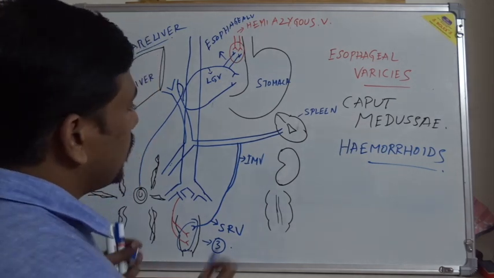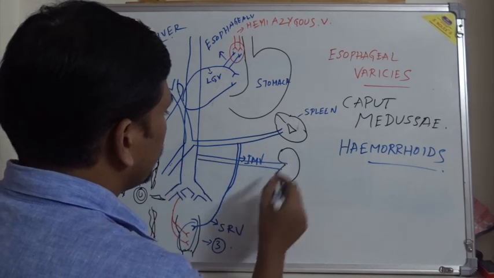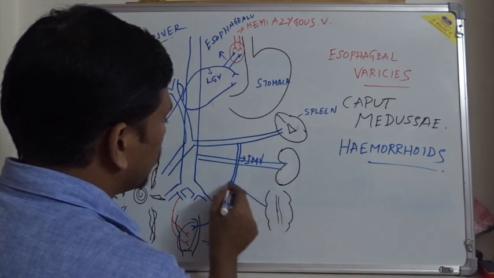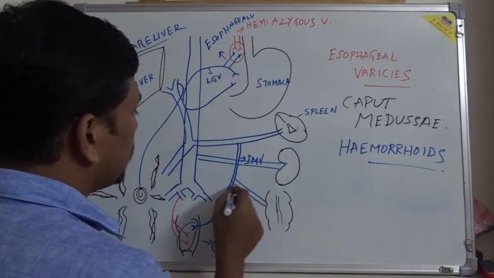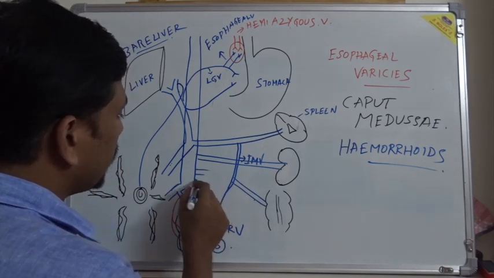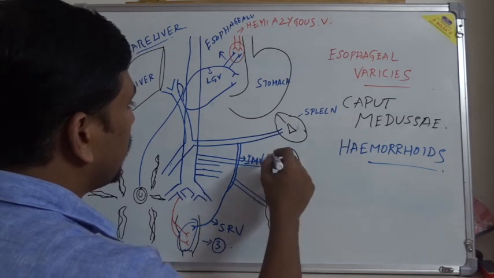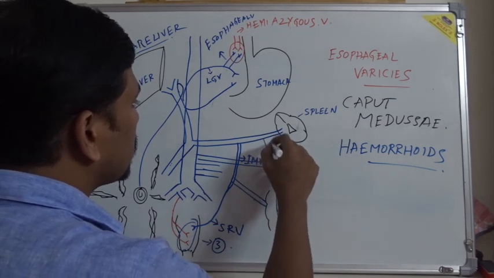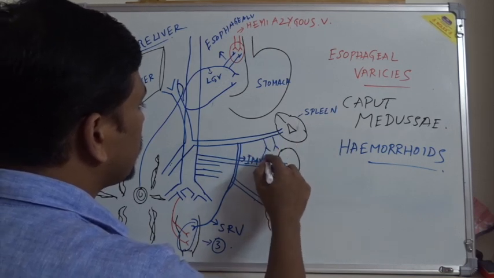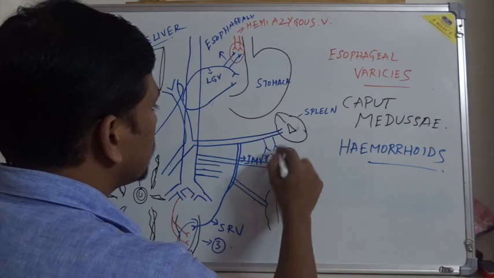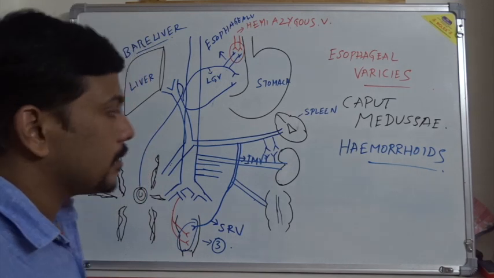You will see the veins draining from the kidneys and from the sigmoid colon part having anastomosis with systemic veins, that is, the lumbar veins directly. The left renal vein will have anastomosis with the splenic vein, and some small unnamed veins also anastomose with the splenic vein. This is along the retroperitoneal area.